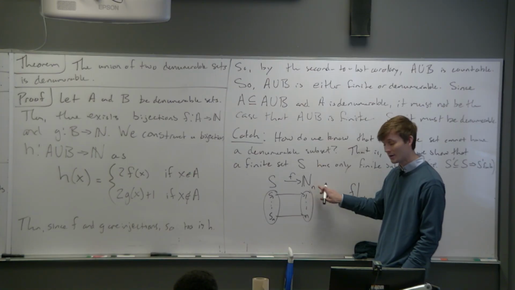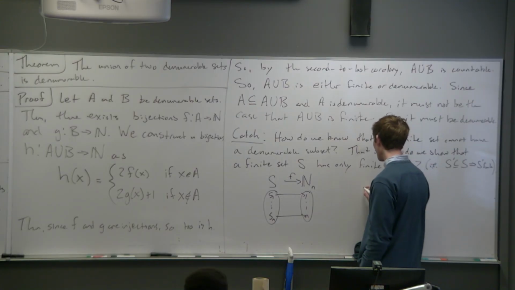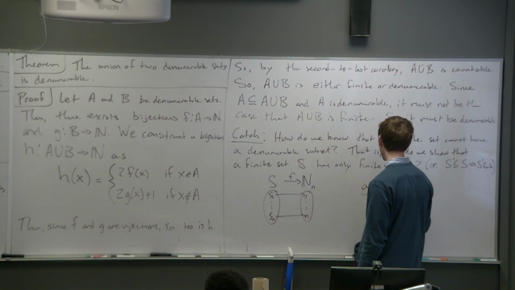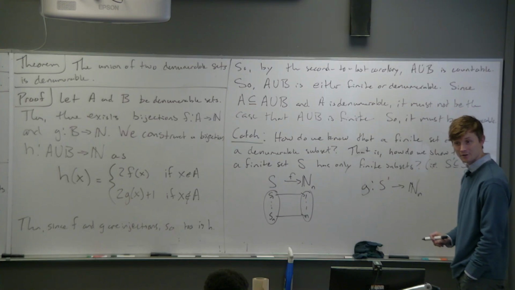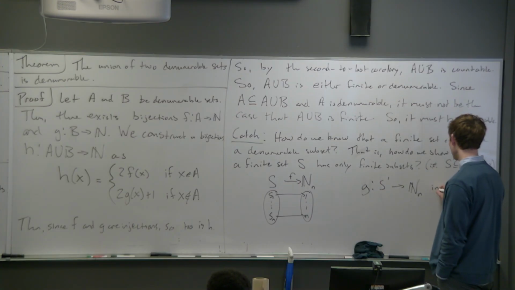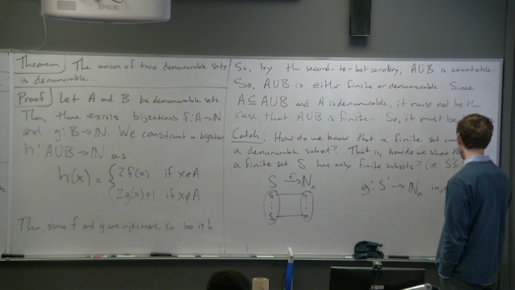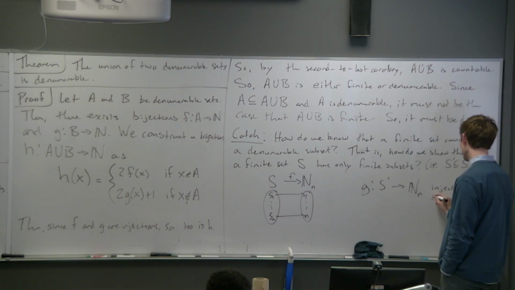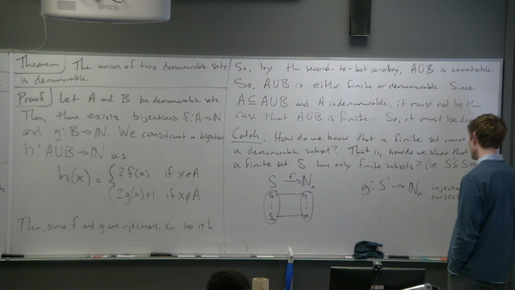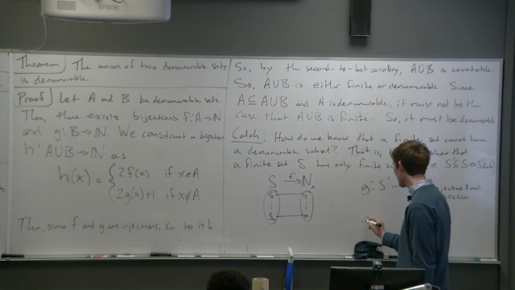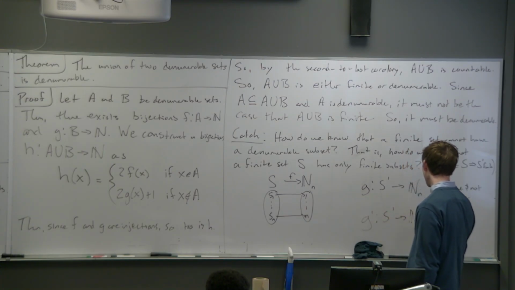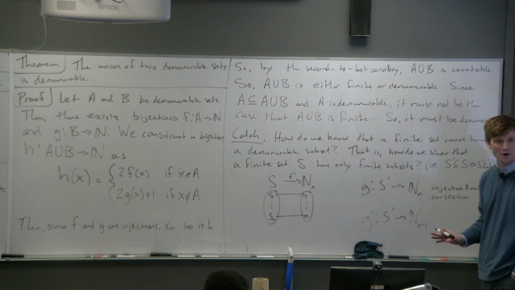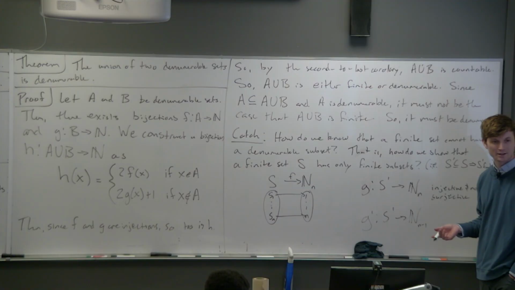And we showed that if there is an injection G from S prime to N, and G is not a surjection, then you get a new one, let's call it G prime, from S prime to N minus 1. And you can keep going until you eventually get a bijection.